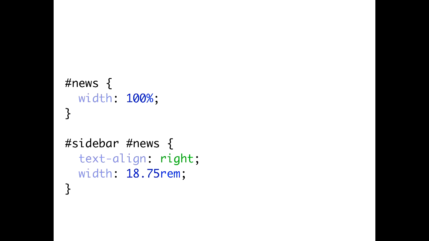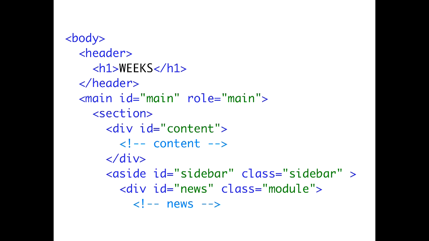And even better, if I use a descendant selector in my style, I've now got a situation where the browser is trying to work out if the element should be styled this way. It says, okay, I've found a news ID, it's great. Now I've got to go all the way back through my DOM to say, this element here, is it affected by this style, or this style, or this style?